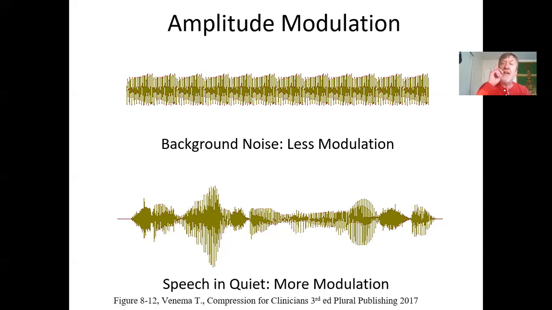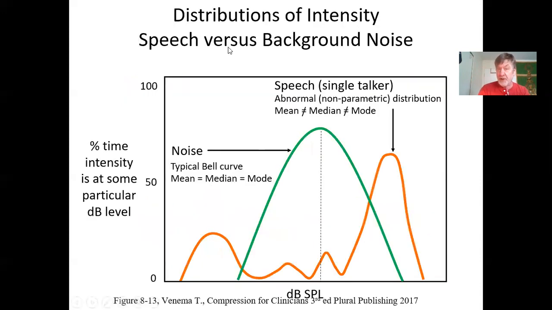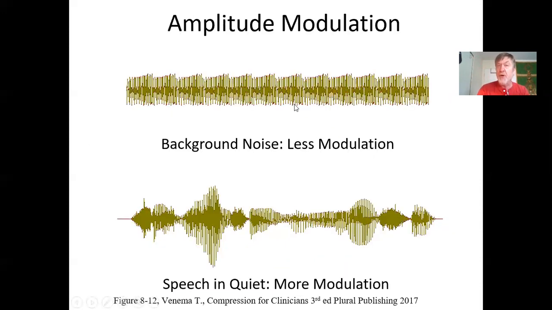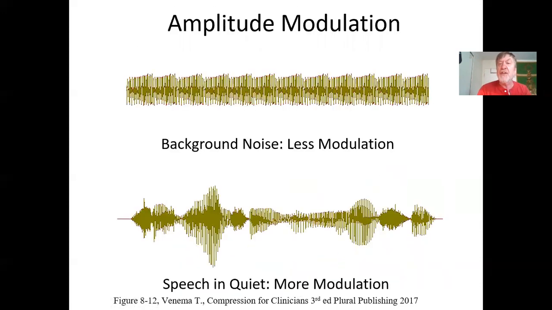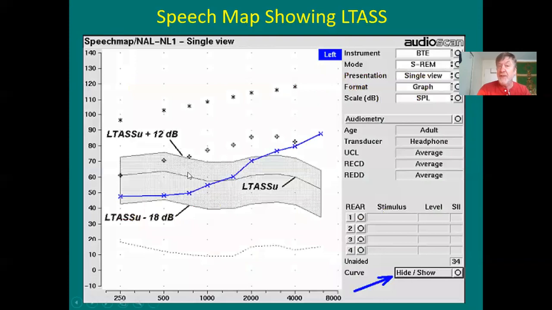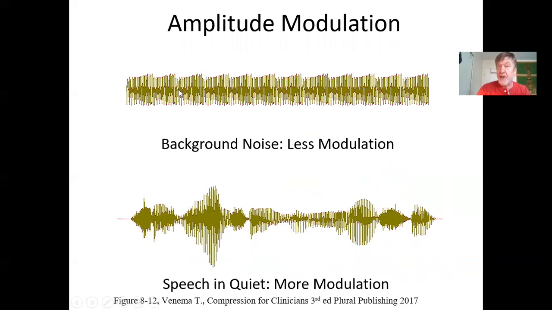Hearing aids use amplitude modulation to determine if the sound is speech or noise, using math to look at the statistical distributions. But to make a long story short, the reason why the mean is not in the middle with speech is precisely because of this nonsense here.